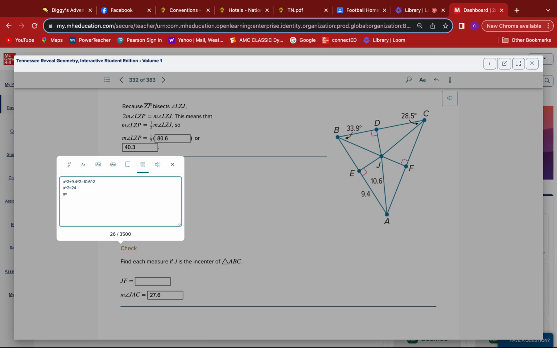I do not know if your teacher is happy with that, but 2 square root of 6 is a correct answer, and that's usually what the ACT is going to have. They're not going to have it as a decimal. So 2 square root of 6 is really what you want. If your teacher's okay with the decimal, typically they probably want you to round to the nearest 10th or the nearest 100th.